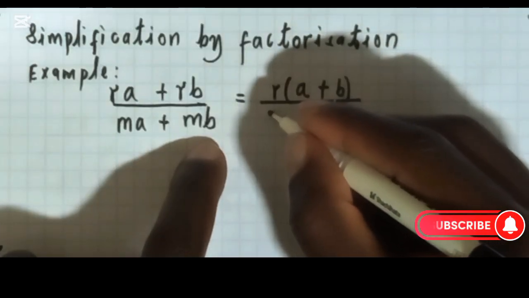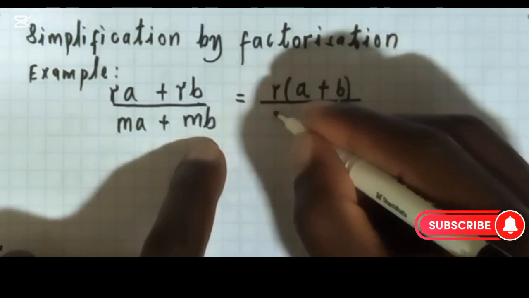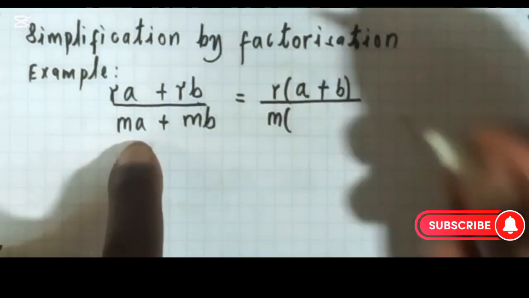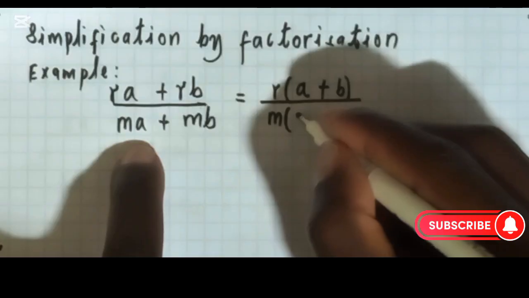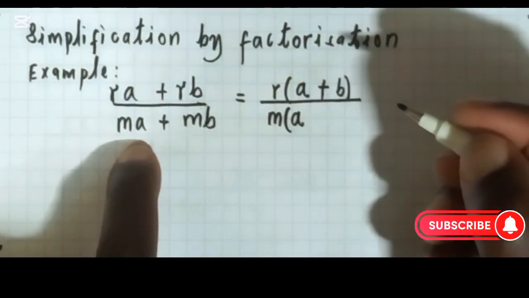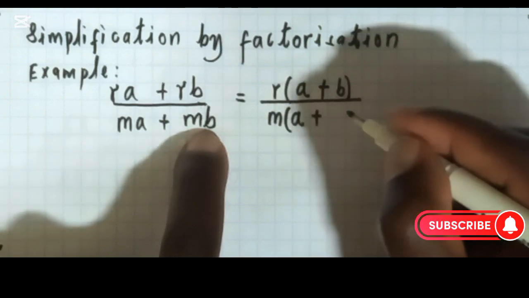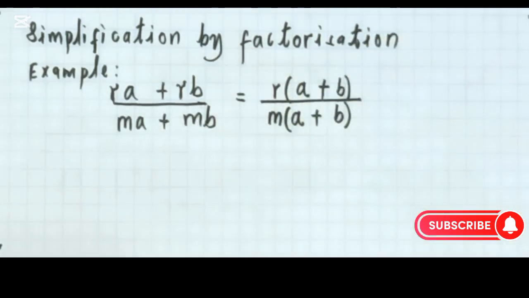Remember, when we're dealing with the GCD, we always go for the one with the lowest power. So that's basically going to be M into, so MA divided by M will give us A, plus MB divided by M will give us B.